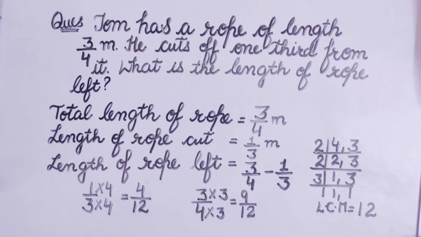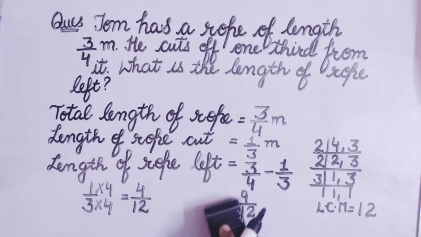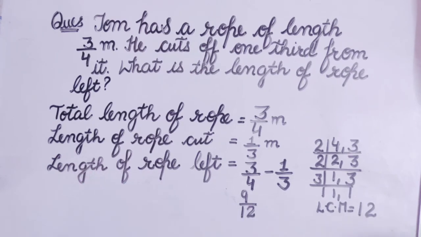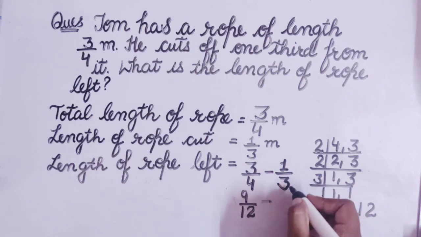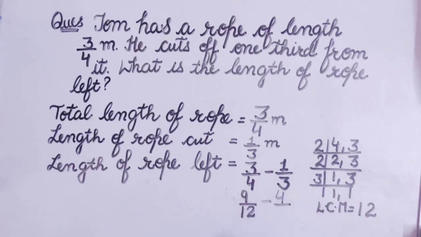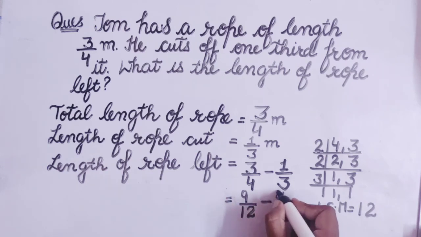Now students, observe. The denominators are same. Yes. 9 by 12 and 4 by 12. So I think this calculation is clear to you. So we will subtract it easily. 3 by 4 we have written as 9 by 12, and 1 by 3 as 4 by 12. Now students, the denominators are same, so we can subtract the numerators directly.